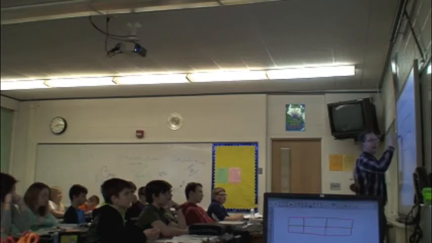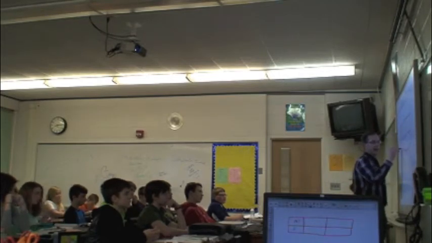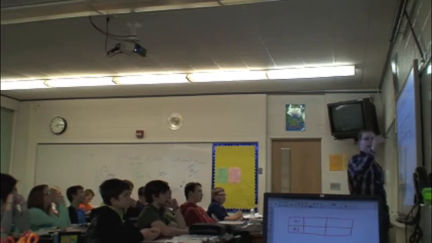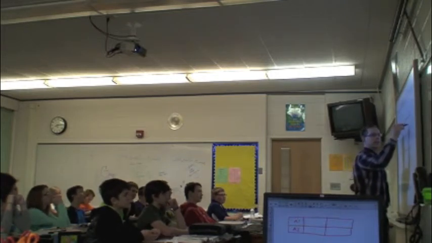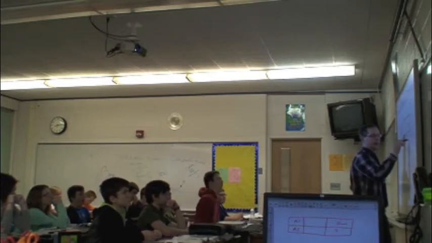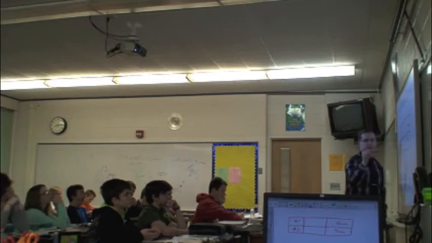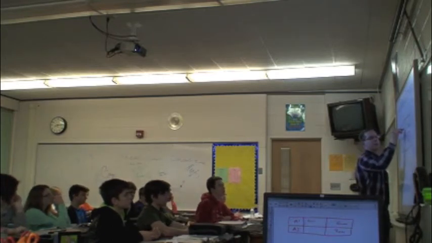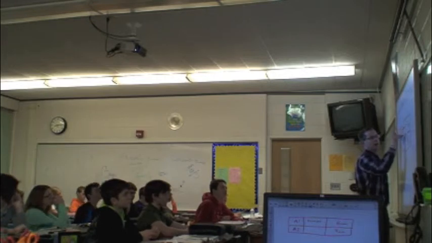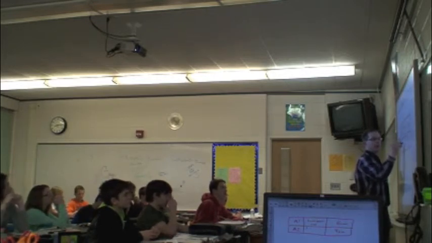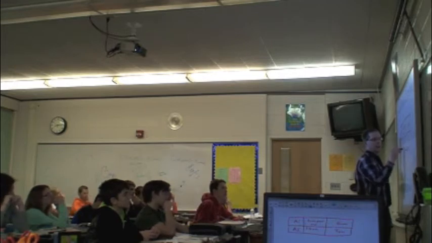If you have alligator 1 and alligator 2, and you know that alligator 1 starts out at a certain length of 6 centimeters, and alligator 2 has a length of 4 centimeters, but you know alligator 1 grows 1 centimeter per month, and alligator 2 grows 1.5 centimeters per month.